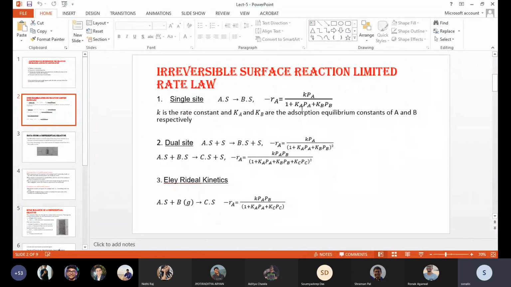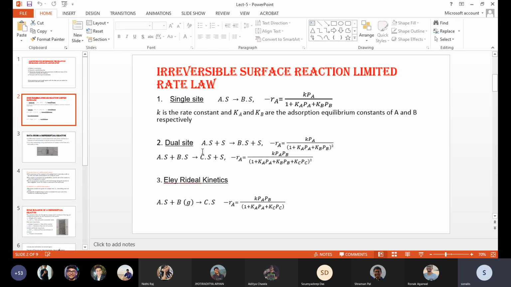In the denominator, we have to write the adsorption parameters, which are the adsorption equilibrium constant of A and concentration of A, adsorption equilibrium constant of B and concentration of B. And in the numerator, we have to write the forward reaction rate, minus rA is equal to kPA only. There is no minus term here, which shows that the reaction we consider is the irreversible reaction.